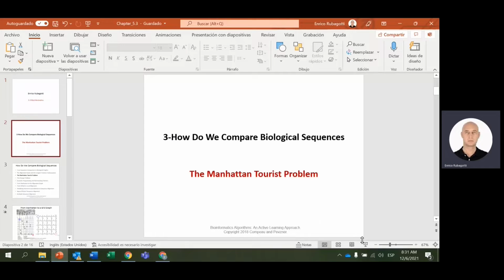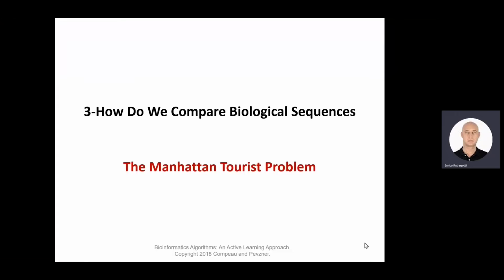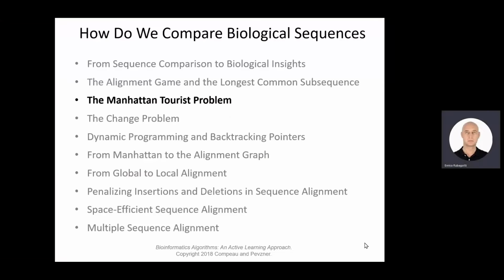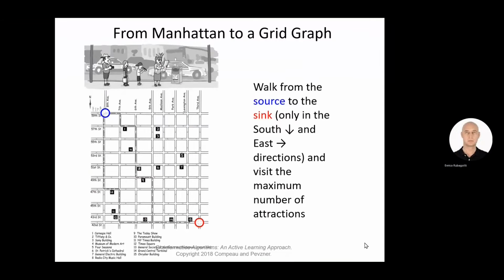Today we are going to speak about the Manhattan tourist problem. So we are in Manhattan on the top left in the blue circle, and we have different sightseeing to visit.